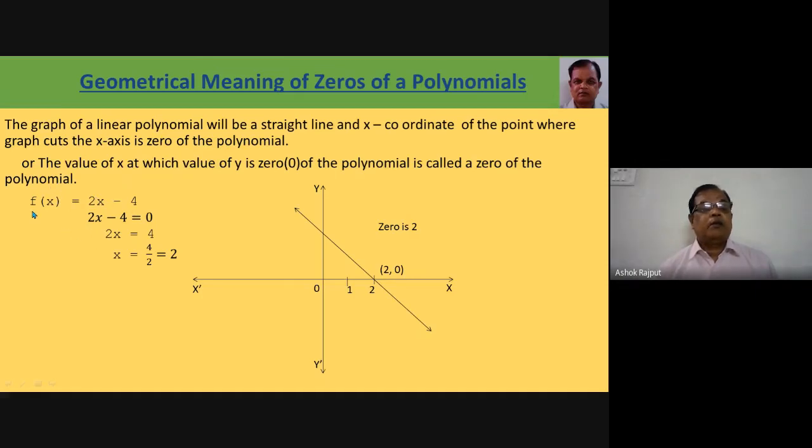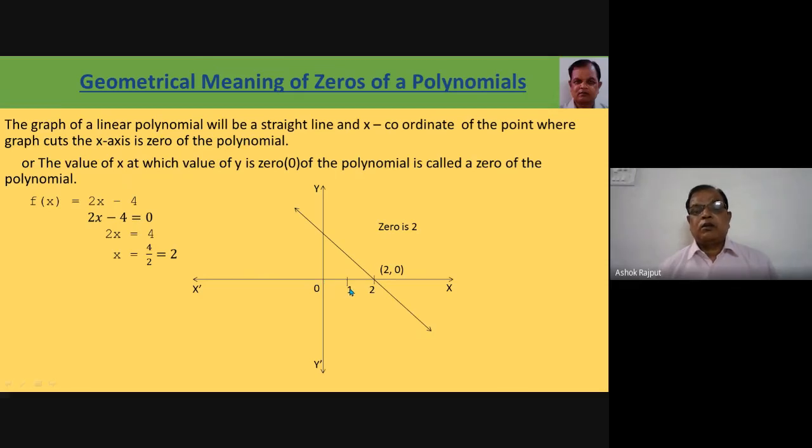Now we have f(x) equal to 2x minus 4. Set 2x minus 4 equal to 0, and we transpose the 4. Here it is negative, so it will be positive: 2x equal to 4. Now we divide by 2, so x will be 4 by 2, the value of x is 2. Now we will mark on the number line, the origin point, so its points are 0, 0.